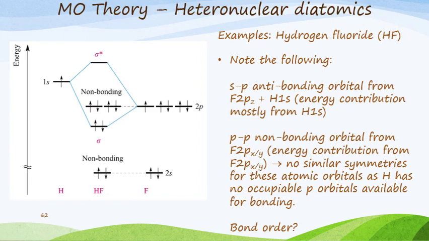Remember that you have an s orbital, which is spherical, and then you have 2p orbitals. There are no overlapping symmetries, and that is why these become non-bonding orbitals. Again, the calculation of the bond order I will do in a separate video so that you can see how we determine the bond order there.